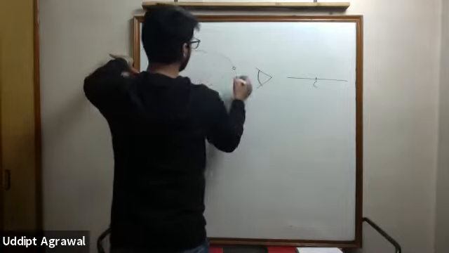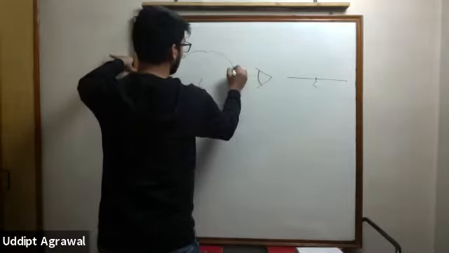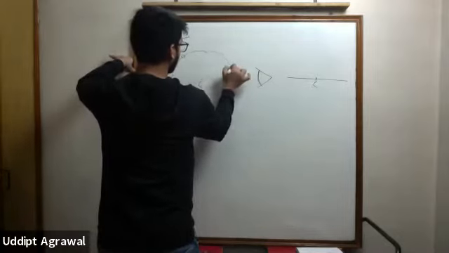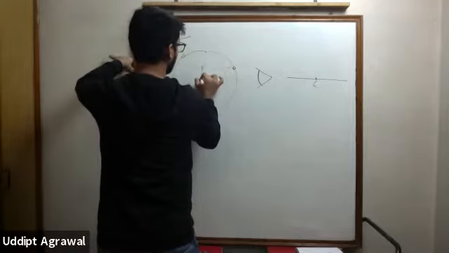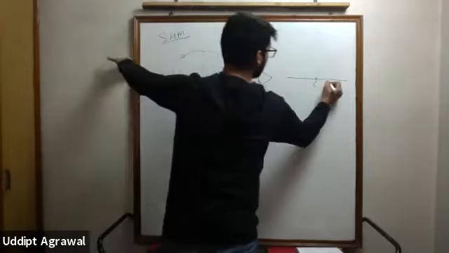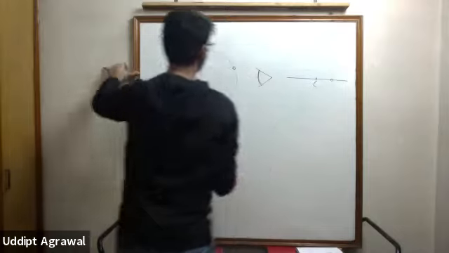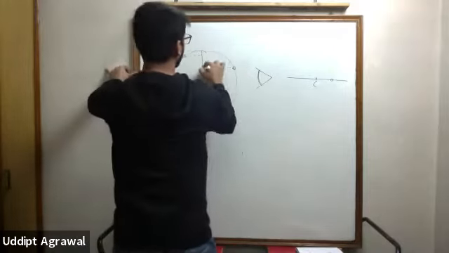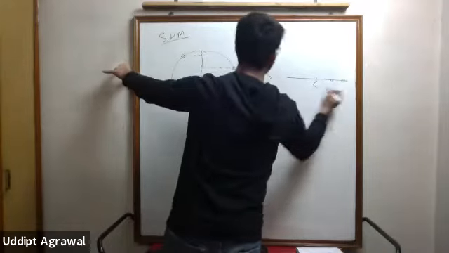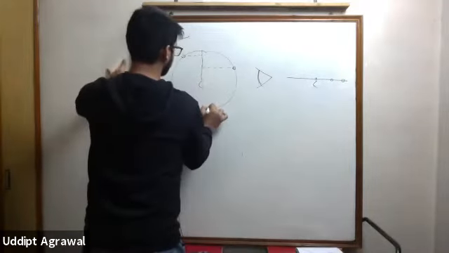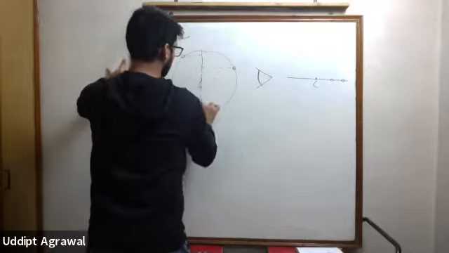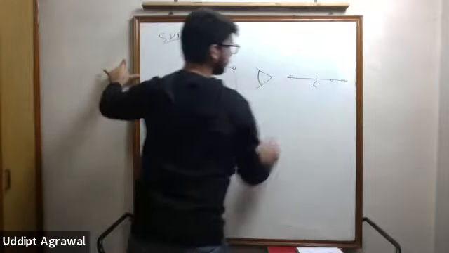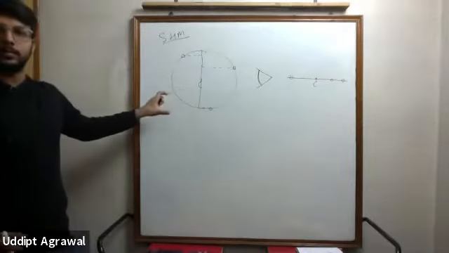We drop a perpendicular from here, and we'll see this will be somewhere here. This will be somewhere here. And this will be somewhere here. Yes?